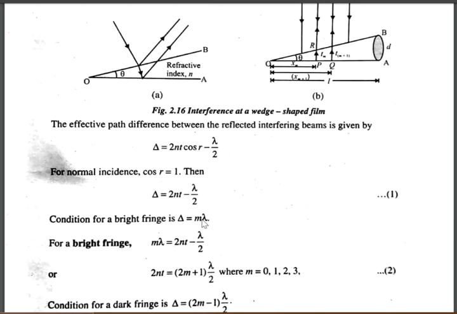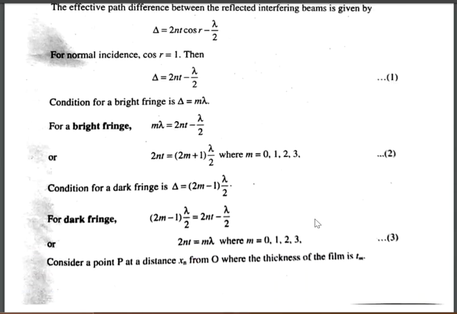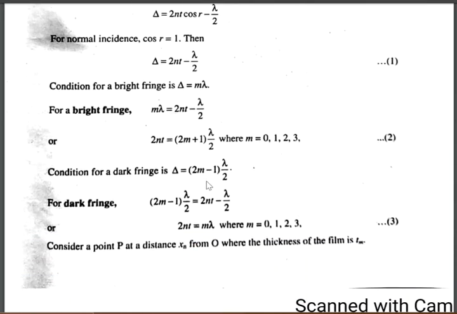The condition for a bright fringe is that delta should be m lambda, integral multiples of the wavelength. Putting this condition, m lambda equals 2nt minus lambda by 2. So 2nt becomes (2m plus 1) into lambda by 2, where m is an integer: 0, 1, 2, 3, 4, etc. Similarly, the condition for a dark fringe is that delta should be odd multiples of lambda by 2.